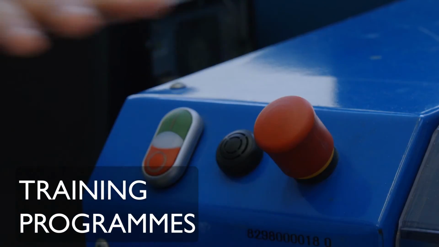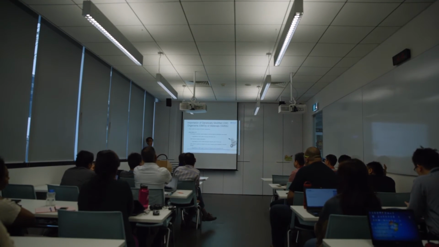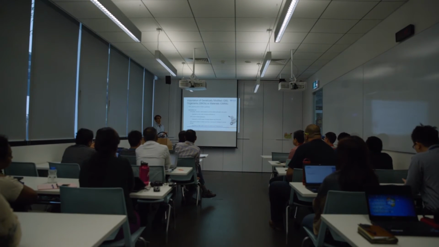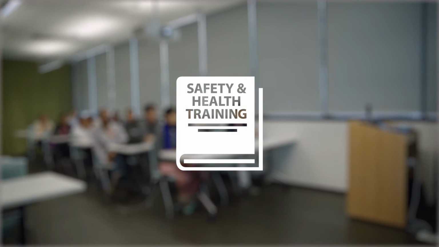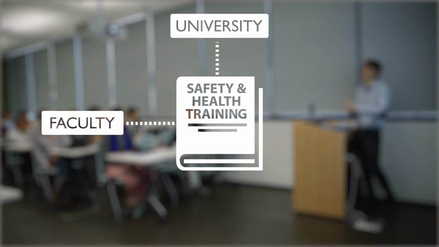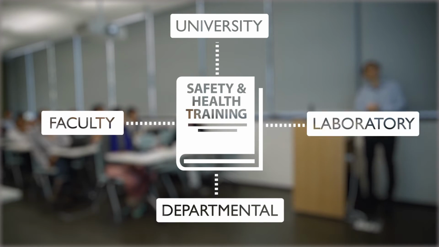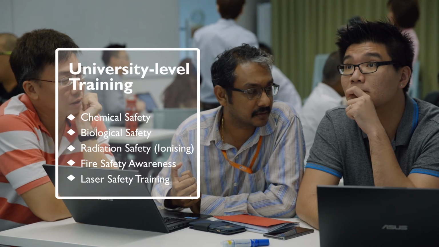In NUS, any staff or student working in the laboratory is required to undergo mandatory safety and health training. These include online university-level training, faculty, departmental, and laboratory-specific training. So do familiarize yourself with the training requirements of the laboratory that you are working in.